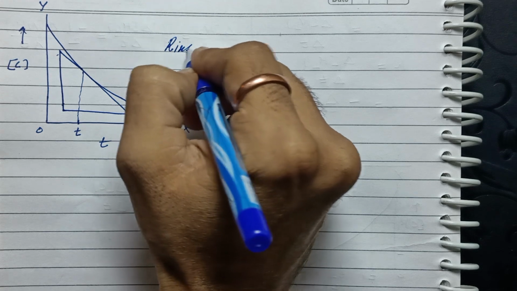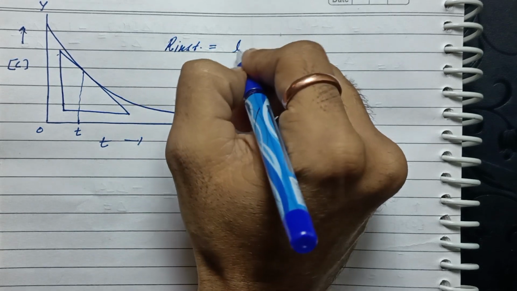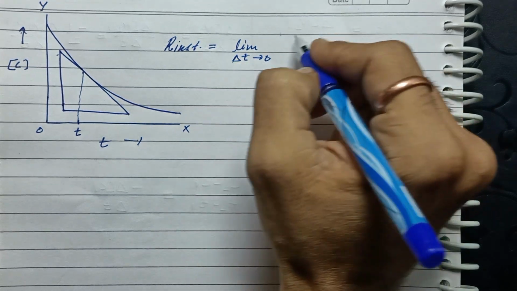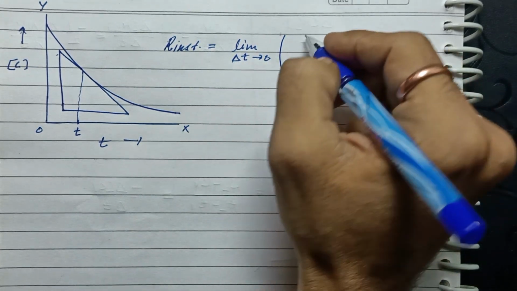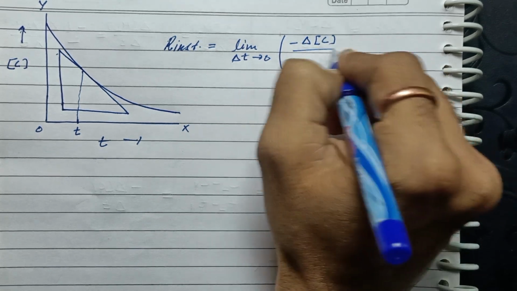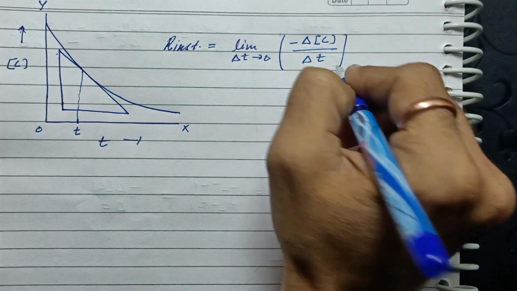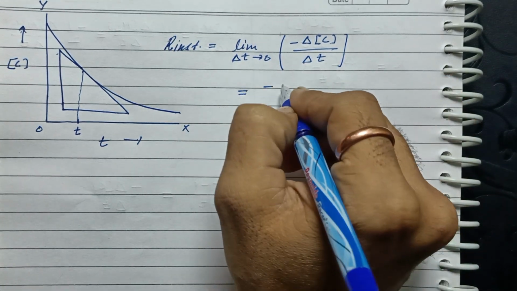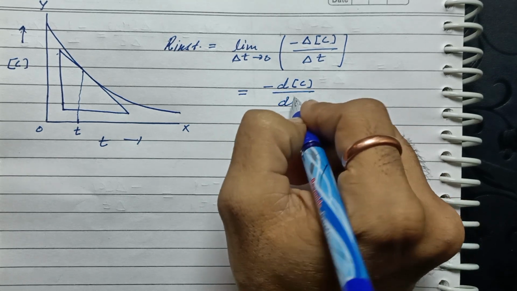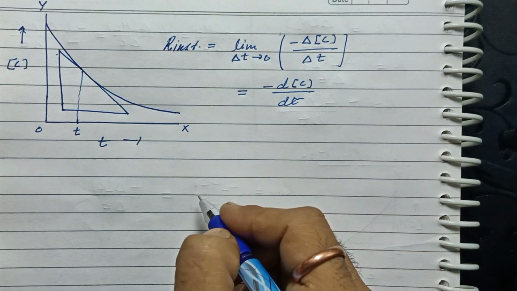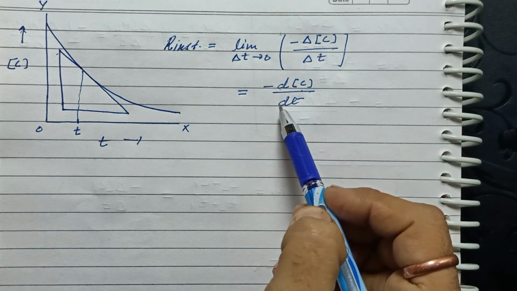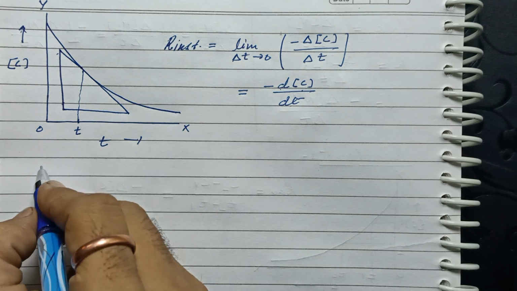Now instantaneous rate is equal to limit delta T approaches to 0 for the time change is 0, change in concentration upon change in time. This is minus dC over dt. This is also known as differential rate. This is very small change in concentration and very small change in time.